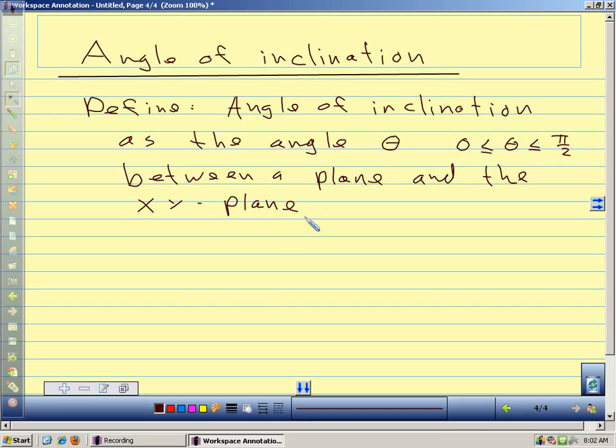So this is the angle that the plane makes with the xy plane.